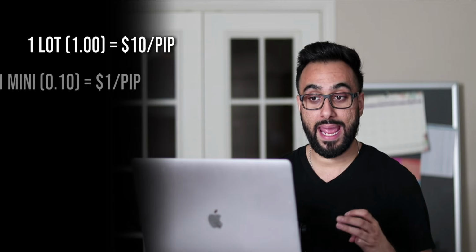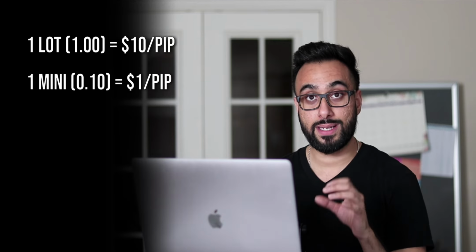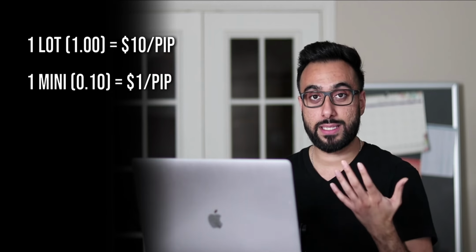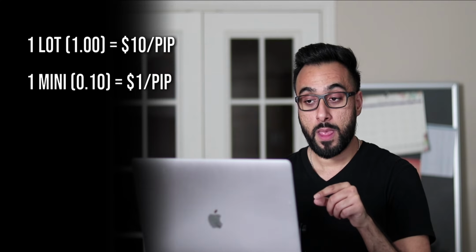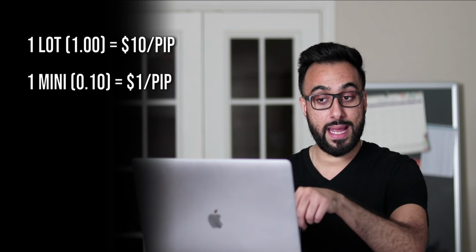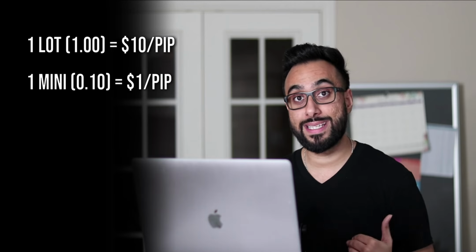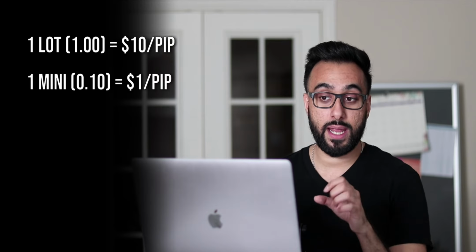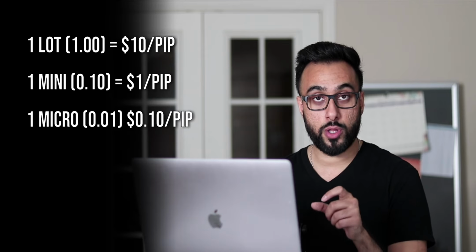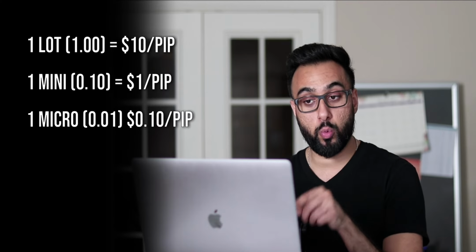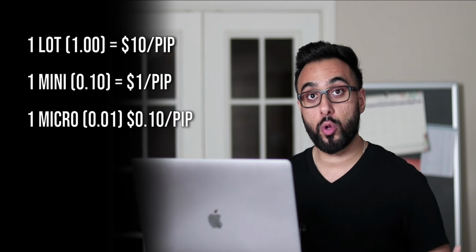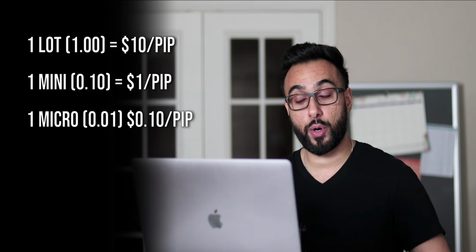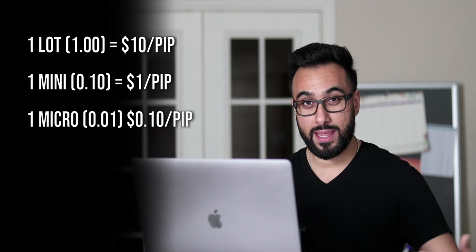Now, if you're trading a mini lot or 10,000 units, or if your lot size is 0.1, each pip that the price moves up and down, you're going to be making or losing $1 per pip. And if you traded a micro lot, or in other words, 0.01, then you're going to be making or losing 10 cents per pip.